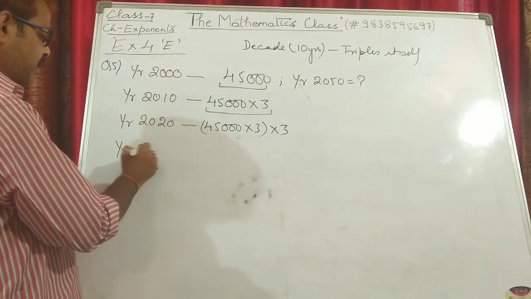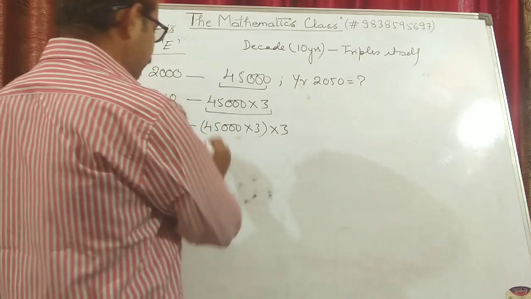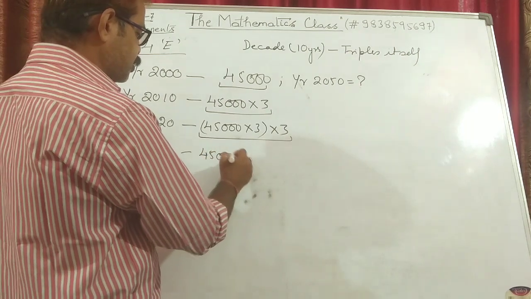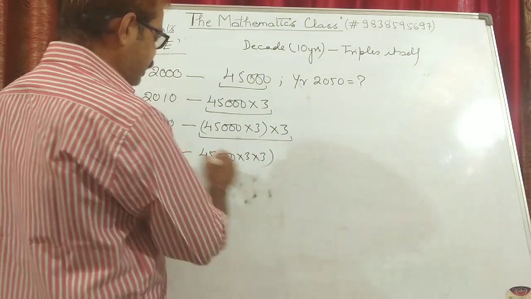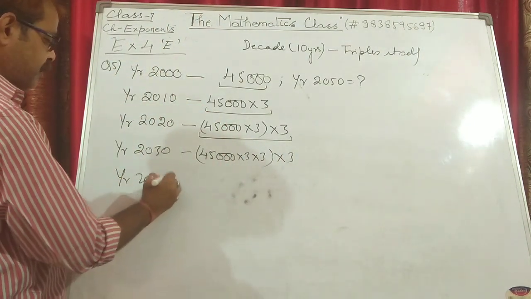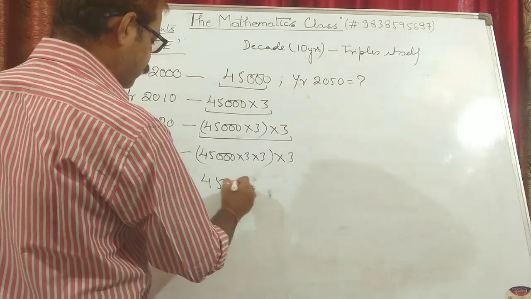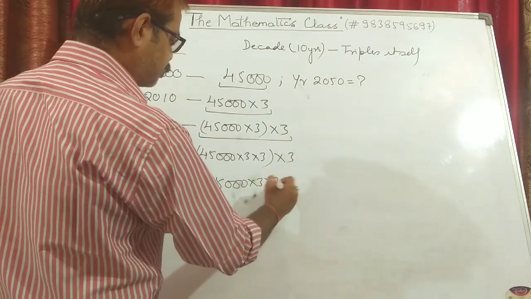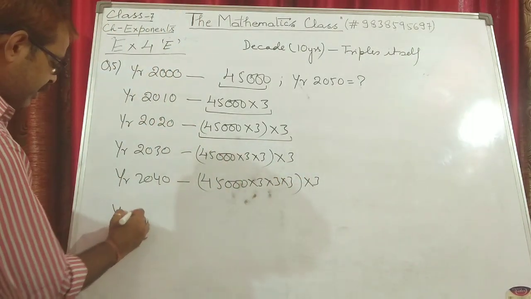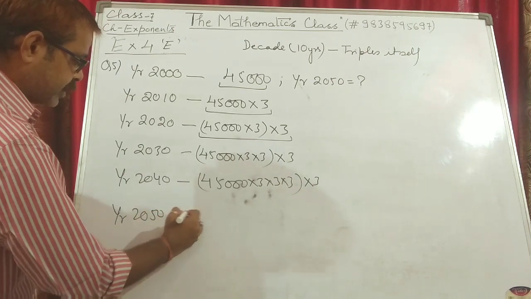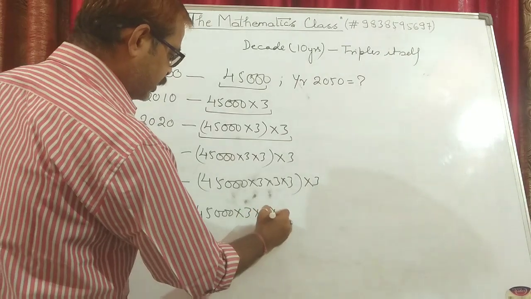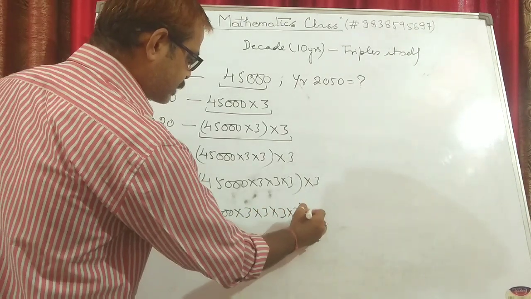Then in year 2030, it will be 45000 into 3 into 3 into 3. Similarly, in year 2040, its population will be 45000 into 3 into 3 into 3 into 3. Now in year 2050, its population is 45000 into 3 into 3 into 3 into 3 into 3.